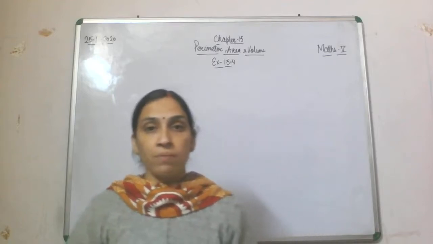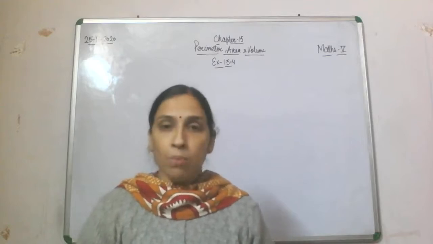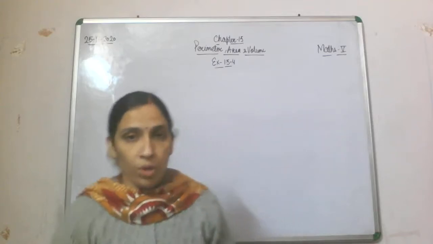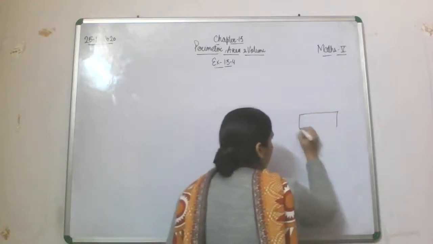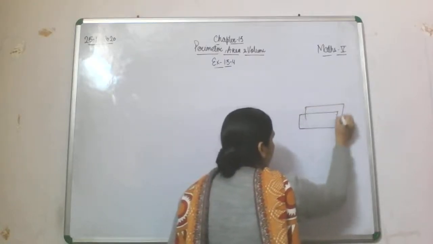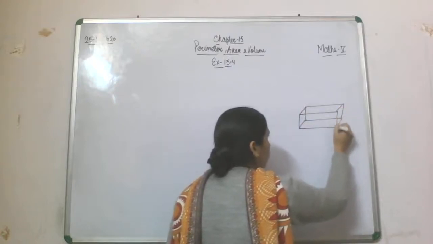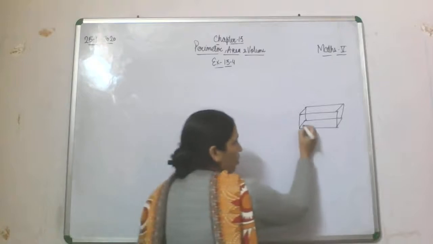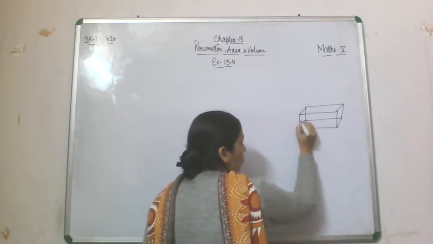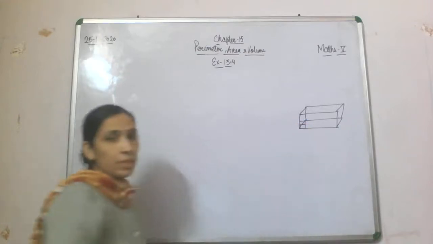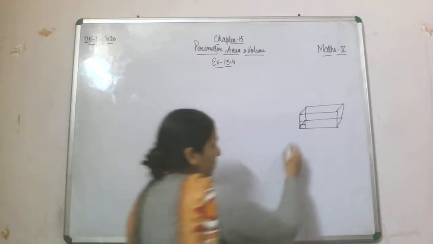Now you have been given the length, breadth and height of a metal block. See, this figure is like a cuboidal metal block, and from that cuboidal metal block you want to cut out small cube shaped metal blocks.